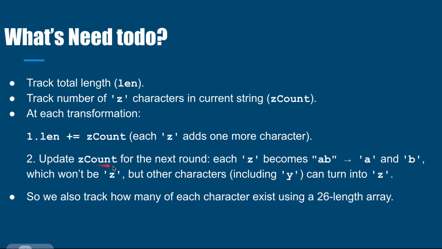Then we update the counts for the next round, and each Z becomes AB. Other characters, including Y, can turn into Z. So we also track how many characters exist among the 26 characters, that we will see.